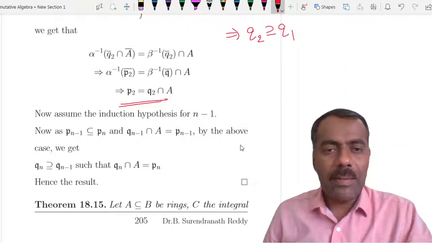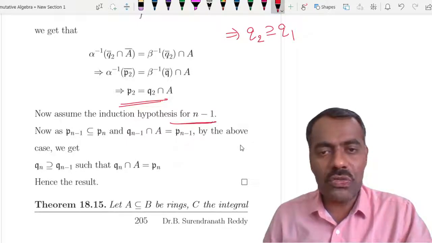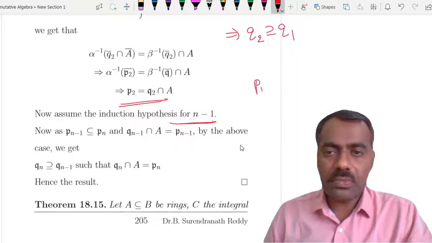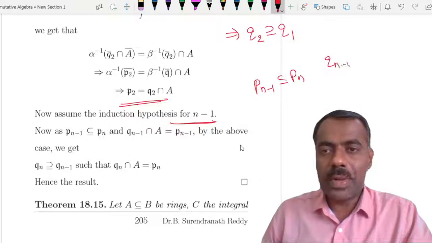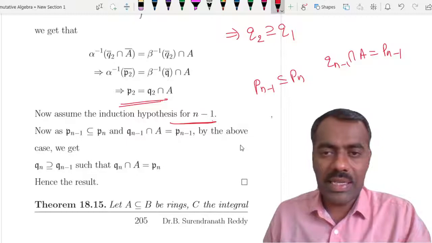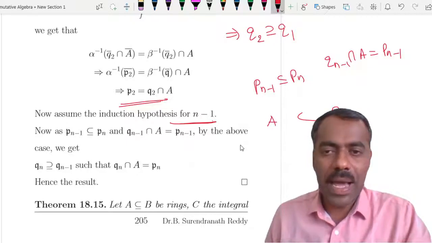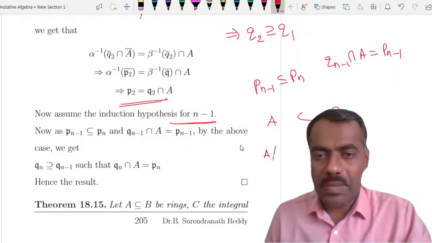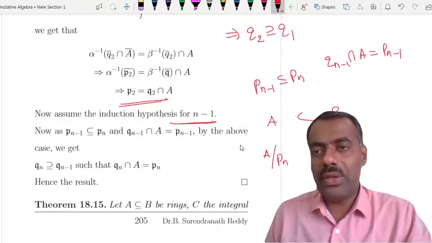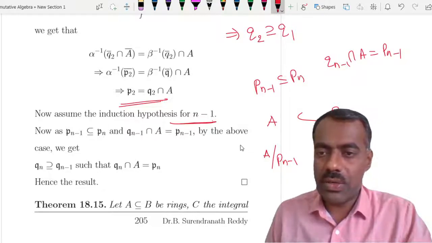Now, applying the induction hypothesis, we get the general case. Assume that the induction hypothesis is true for n minus 1. Then, because P(n-1) is contained in Pn and Q(n-1) intersection A is P(n-1), we take A modulo P(n-1) and B modulo Q(n-1).